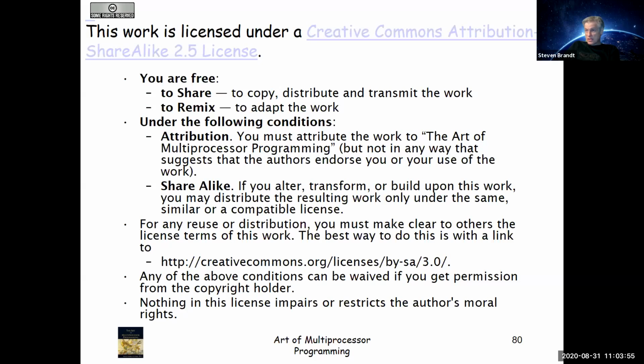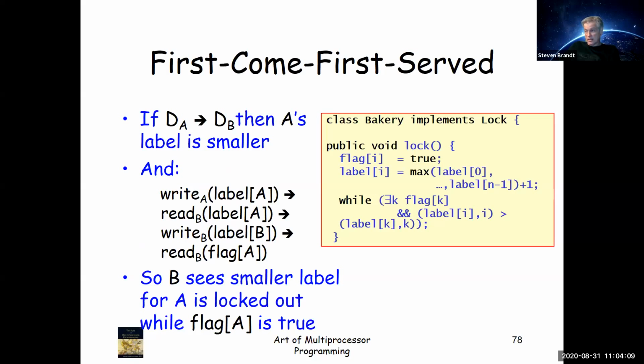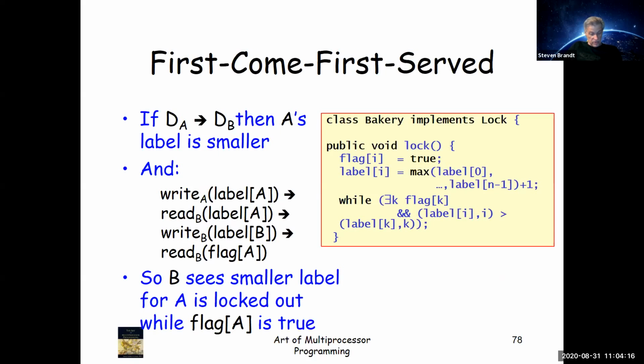Now I'm going to come up with some homework for you about this, and I don't have the complete homework ready at the moment, but I expect to see you implement and test a bakery and filter lock. What you've got in these slides, and in the book, are things that are pseudocode.